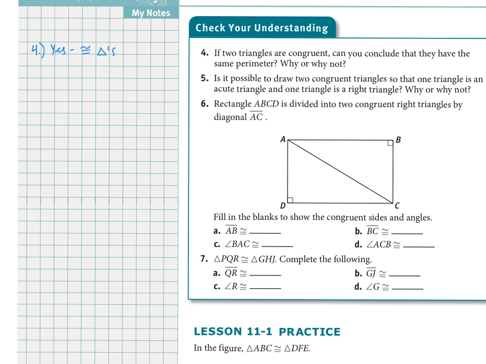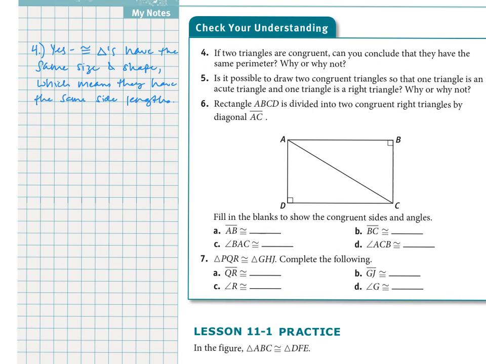We're going to say congruent triangles have the same size and shape, which means they have the same side lengths.